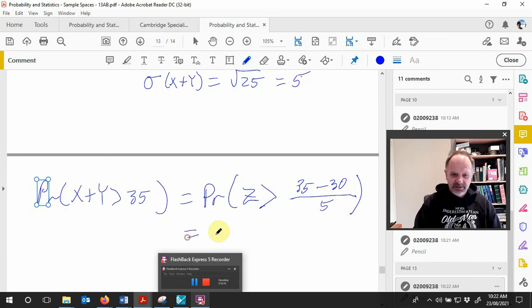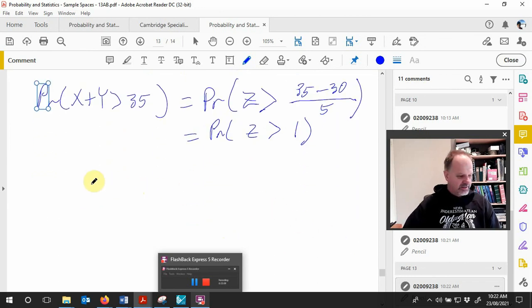There we go, which is equal to the probability that z is greater than 35 minus 30 is 5, divided by 5 is 1. Right, probability that z is greater than 1.